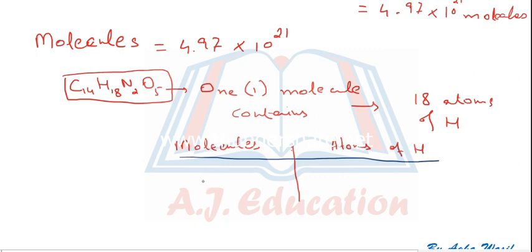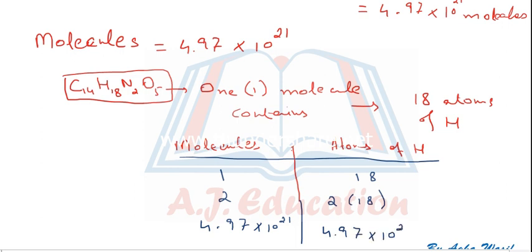One molecule of aspartame contains 18 atoms, and if we have two molecules, it would contain 2 into 18 atoms, and if we have 4.97 into 10 raised to power 21 molecules, then we will be having 4.97 into 10 raised to power 21 into 18.